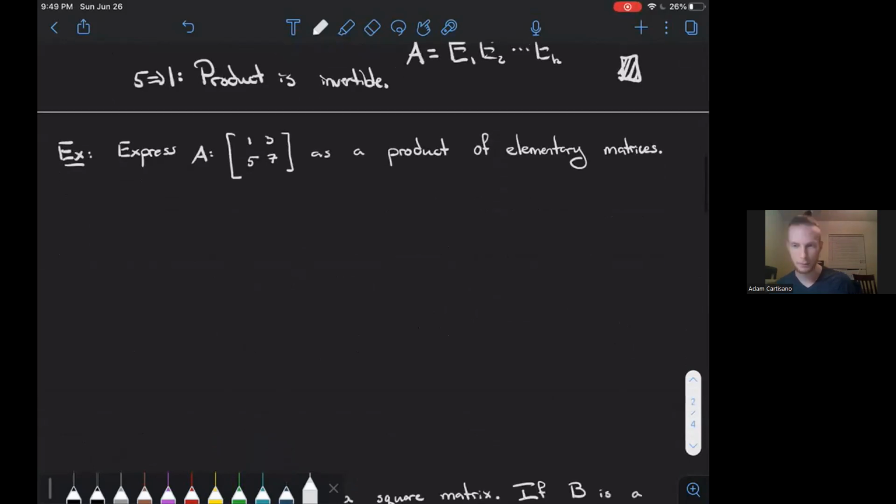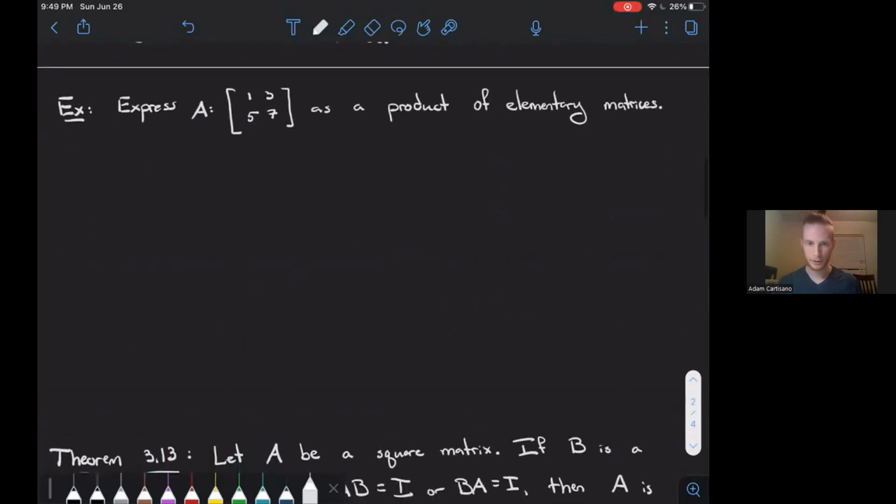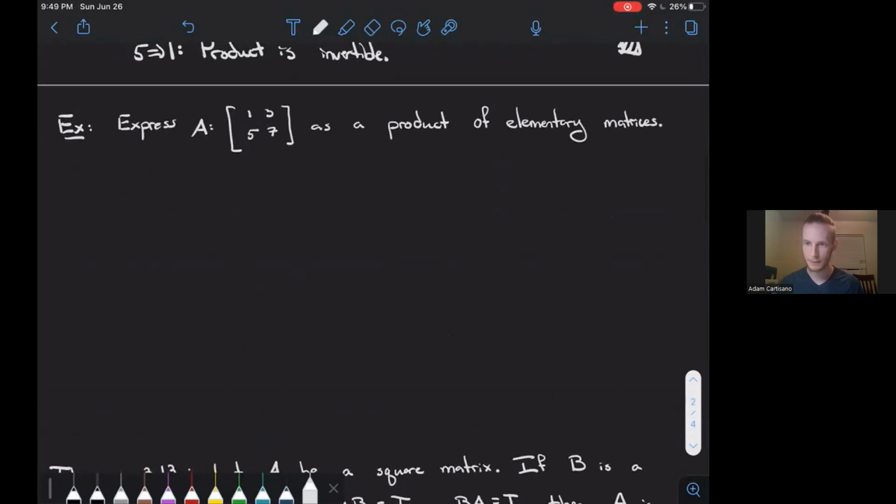So we need to do some more work with elementary matrices. We're going to express this matrix A, 1, 3, 5, 7, as a product of elementary matrices. First thing we should do is row reduce, right? So we'll take row 2 minus 5 row 1.